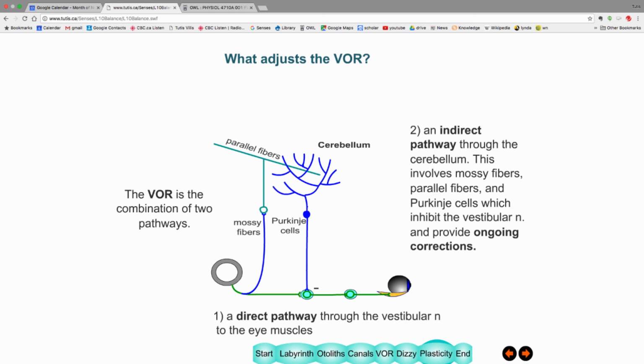So you have a direct pathway and then an indirect pathway through the cerebellum, and it goes through these mossy fibers, connects onto these parallel fibers, which then connect onto the fibers of these Purkinje cells, which in turn inhibit the vestibular nucleus. And this is the pathway that provides corrections to the VOR.